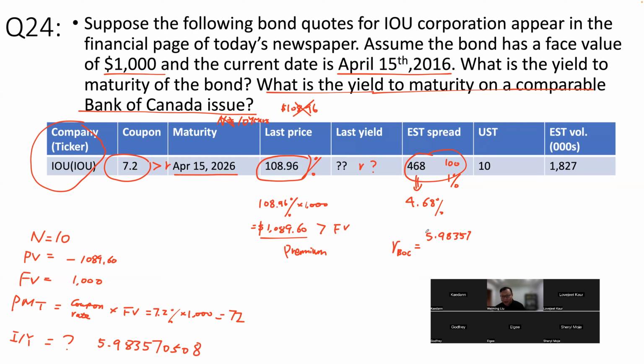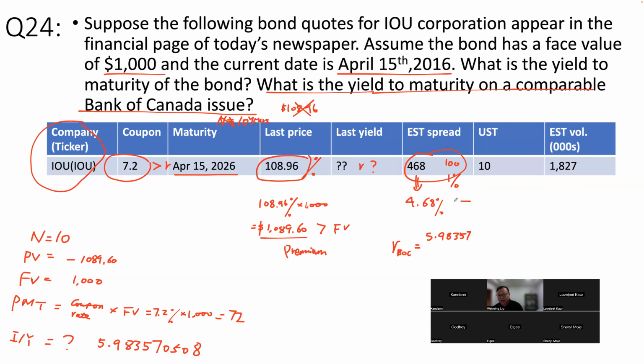It's risk-free to invest in the Bank of Canada, so it's very low risk. That means it's low return, right? So if you can invest in the Bank of Canada, you can also invest in this corporate bond. The yield to maturity of the Bank of Canada will be much lower than the corporate 5.98. How much lower?